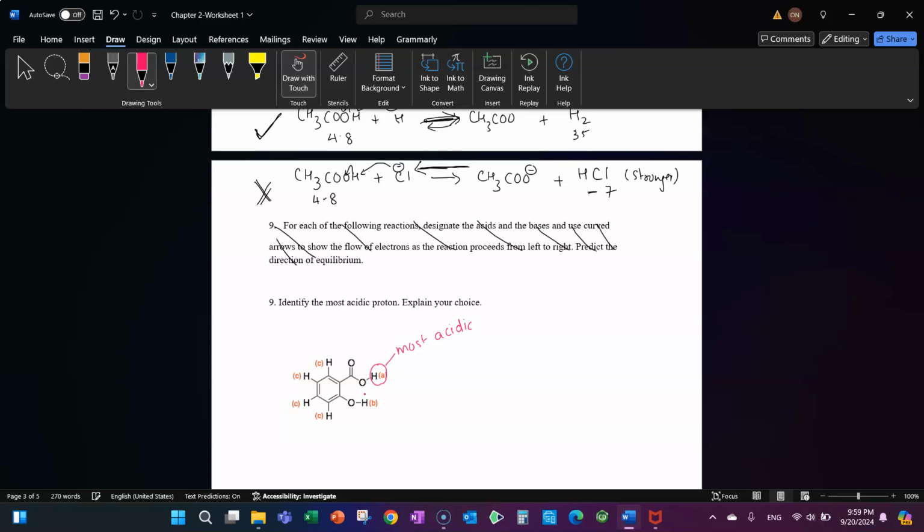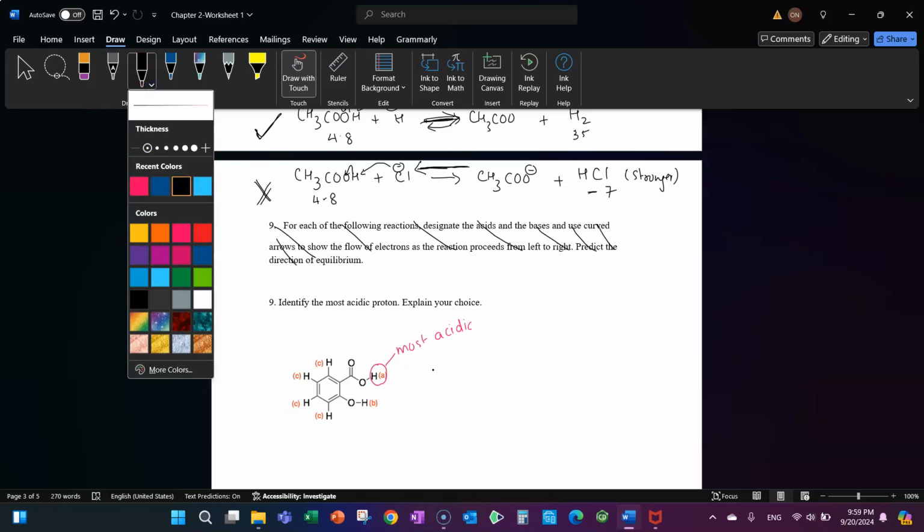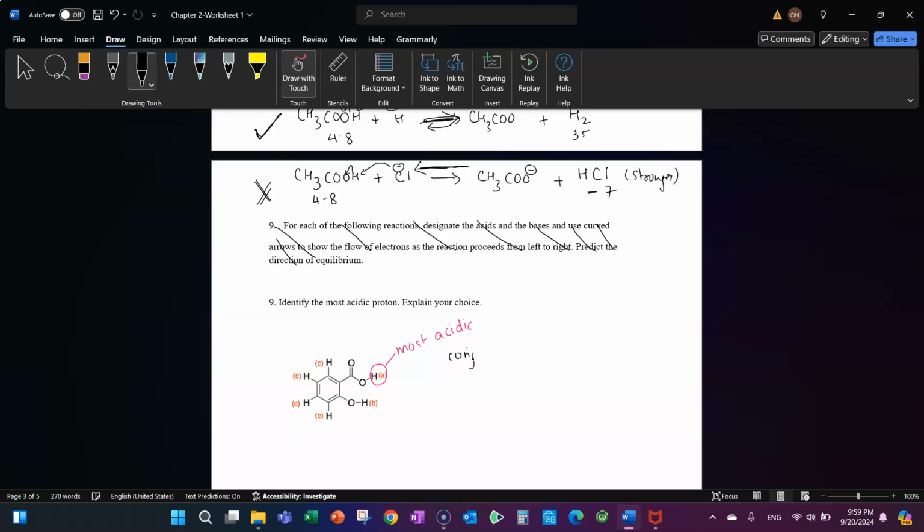The reason is that if you remove HA, you can actually draw resonance structures for this molecule. So you can say that the conjugate base will be stabilized by resonance structures. What I mean by that is that if you take this molecule and remove the proton that is attached to this oxygen, what is remaining is my conjugate base.